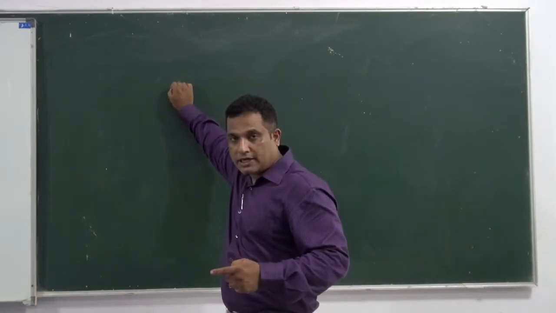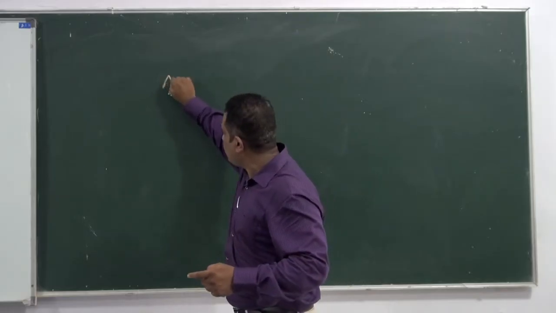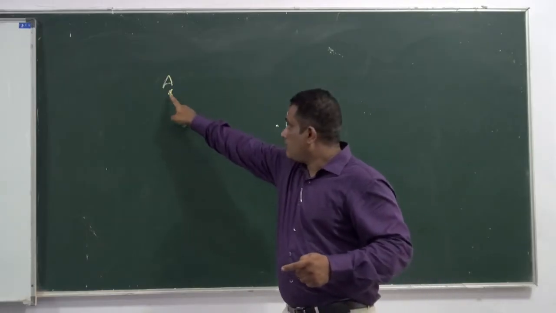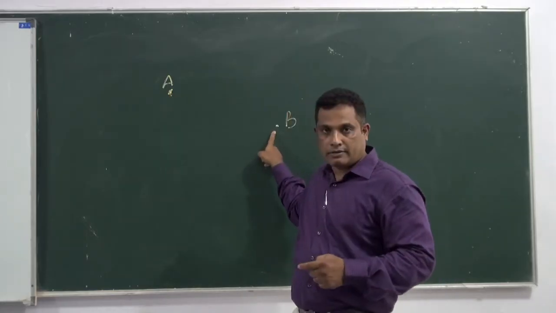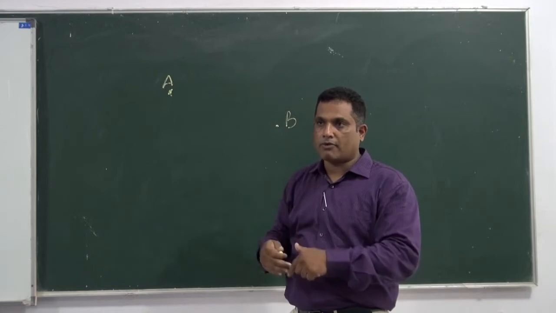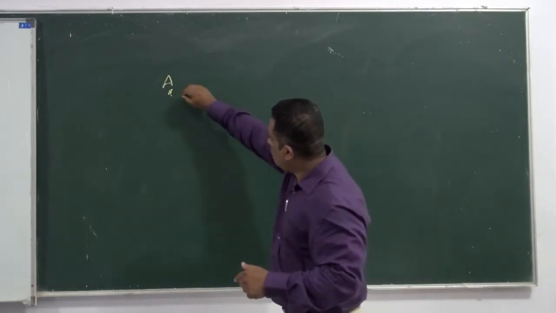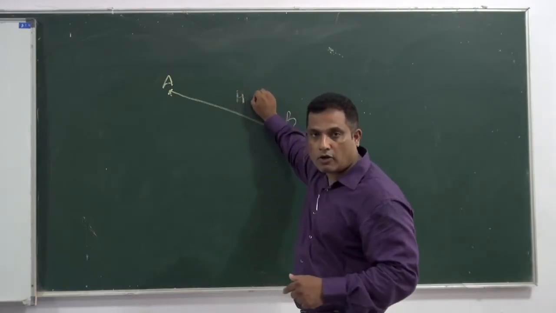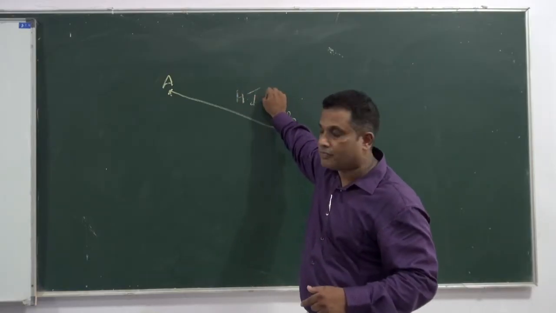Say there is a certain point on the ground, A, and another point B. The distance between A and B will be some horizontal distance. This is your horizontal distance, or we call it horizontal interval.